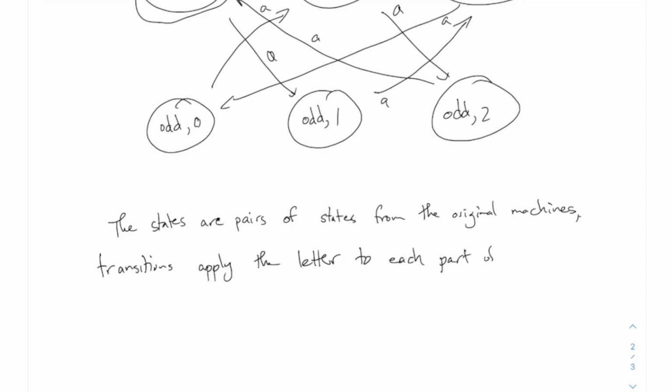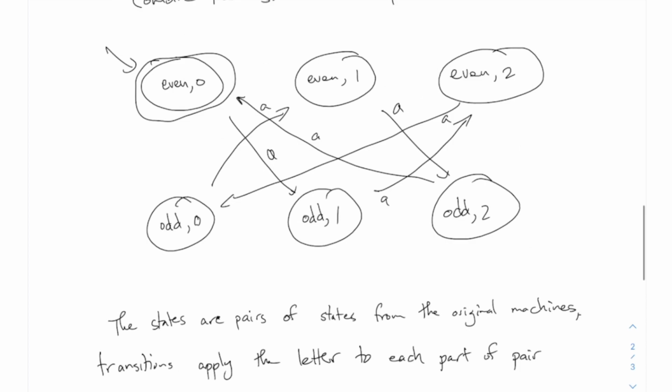I don't know if that makes sense. I hope it makes sense what I'm trying to say there. The way, for instance, I figured out where odd and 0 goes is I said, where does the odd go, first of all, and separately, where does the 0 go? And then you draw the line from there. The transitions, you do whatever you do to each part of the pair.